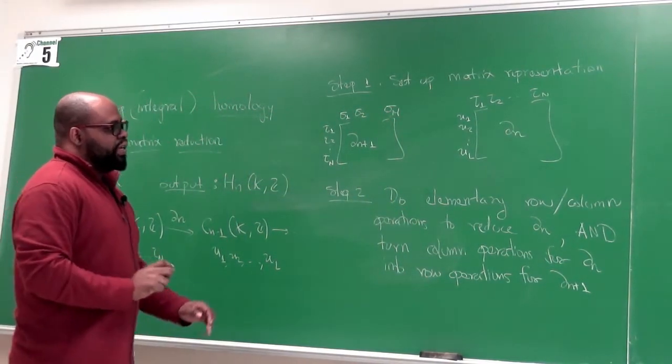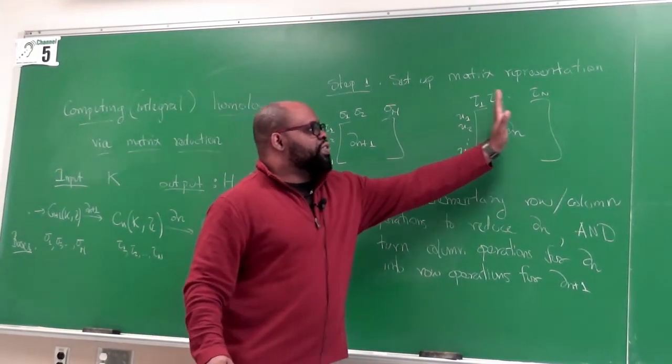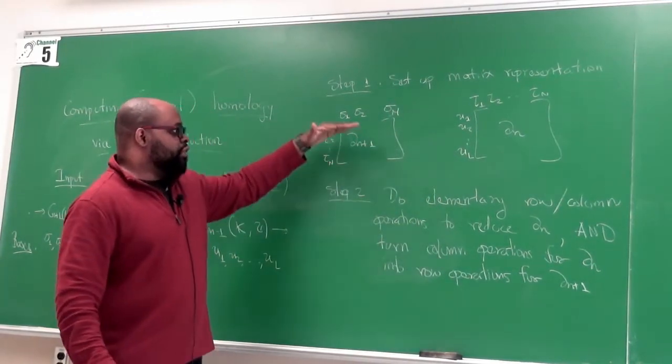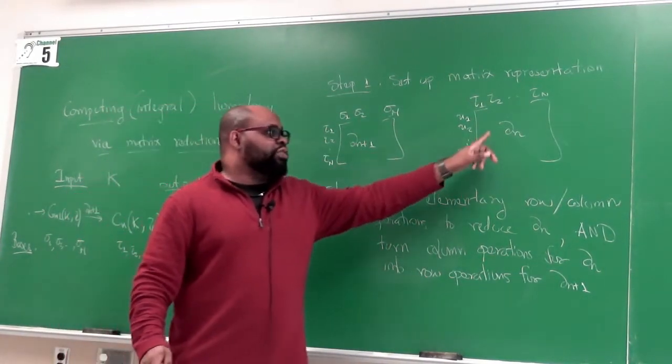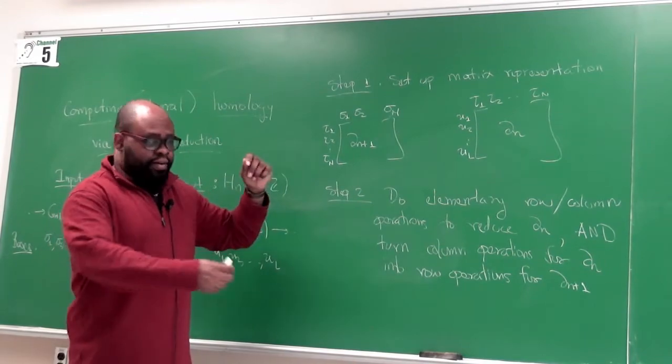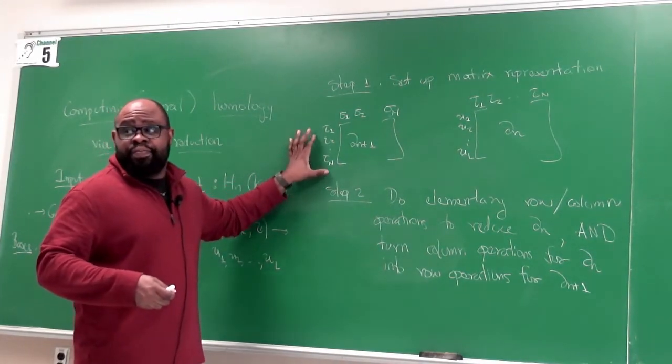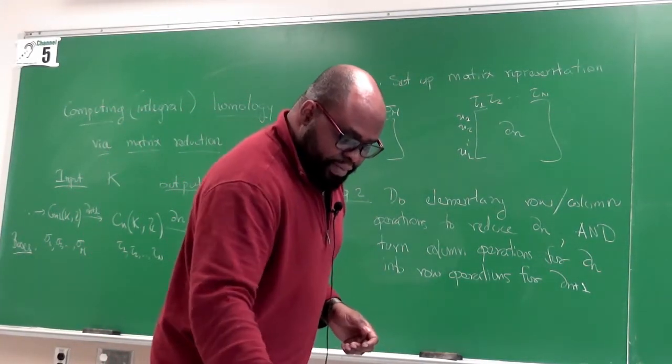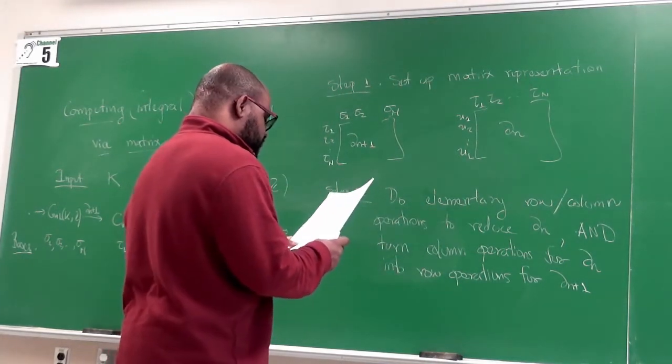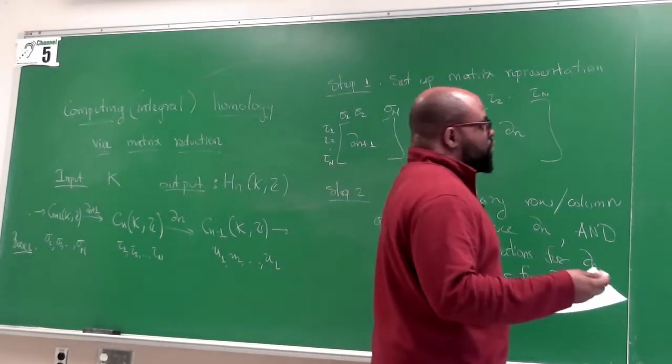So we mimic: whatever we do here in the columns, we do the inverses here in the rows, so that whatever change of basis we're doing here is maintained in here. And we do that simultaneously. So the result, once we're done, is going to be two reduced matrices.